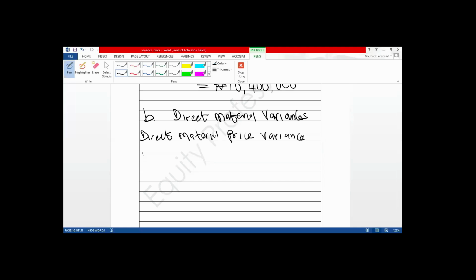Now look at the formula for this. Standard material price minus actual material price, multiplied by actual quantity of material purchased.